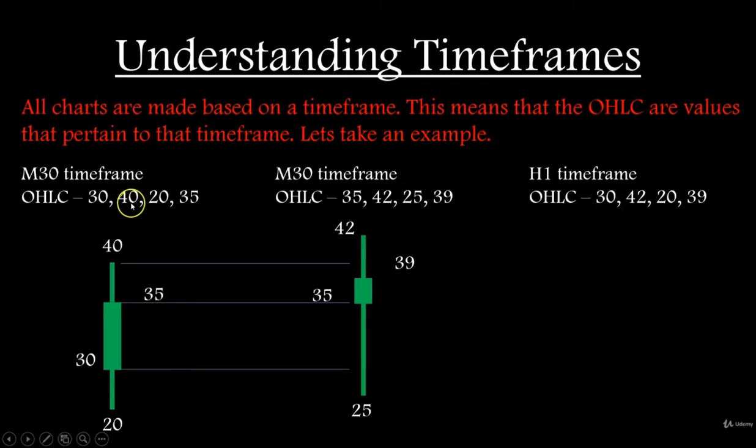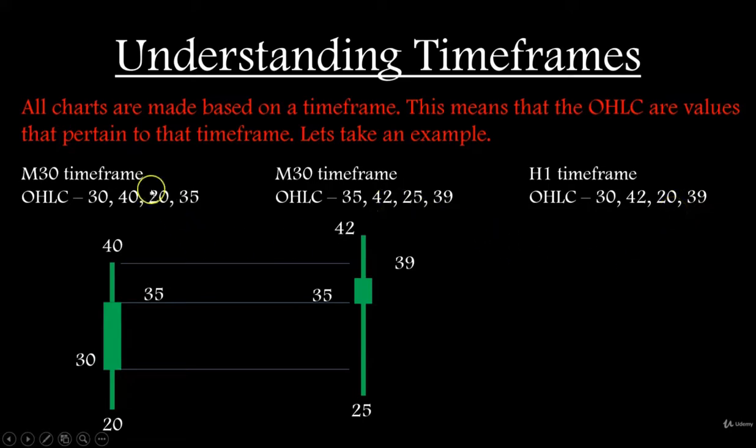Now price goes up to 40 in this chart, so we could put a 40 here, but then we notice that the M30 candlestick that appeared after this one has a high that is 42. That's even higher than 40, so we're going to put in the highest one of these two. Similarly, we're going to use the lowest value amongst both of these candlesticks for the low of the H1 time frame.